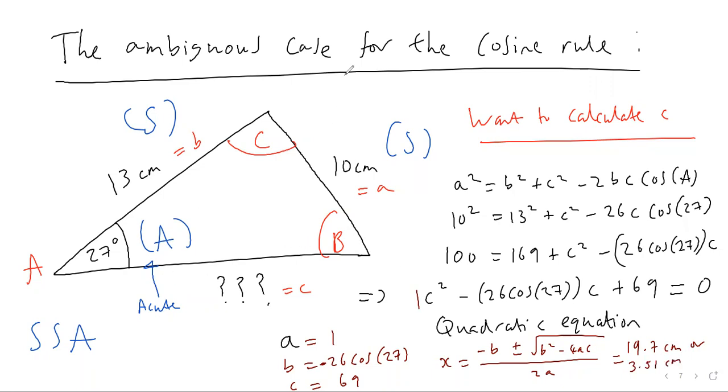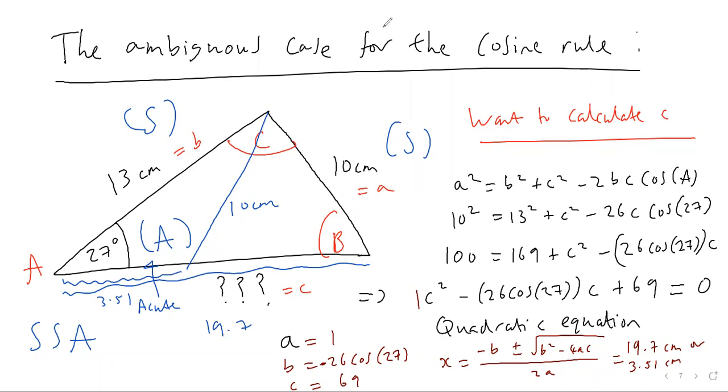So it's now ambiguous whether actually the triangle looks like this here with 10 centimeters down here, or whether it looks something like this with 10 centimeters down there. So it's ambiguous whether the length of this base here is going to be the 19.7, or whether it's going to be this small base here of 3.51, because actually this length could be the 10 centimeters going down in this diagonal position, or it could be this 10 centimeters here with a longer base.